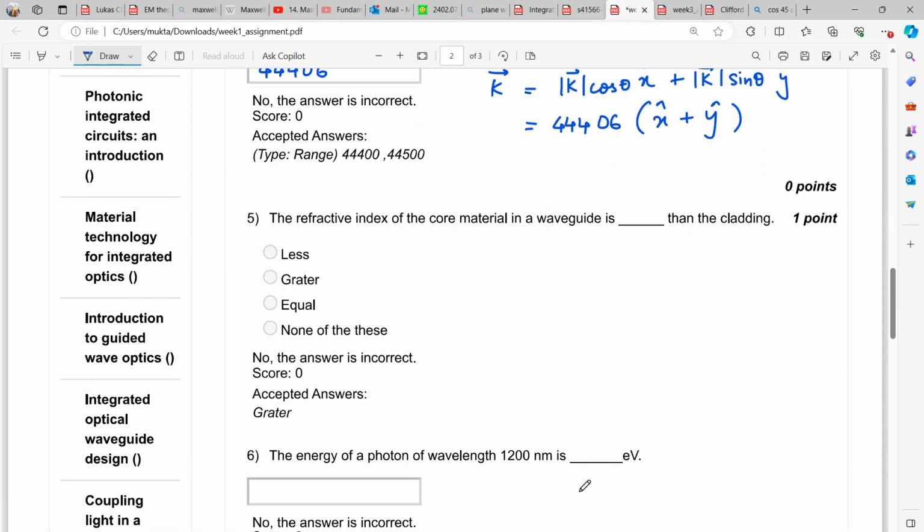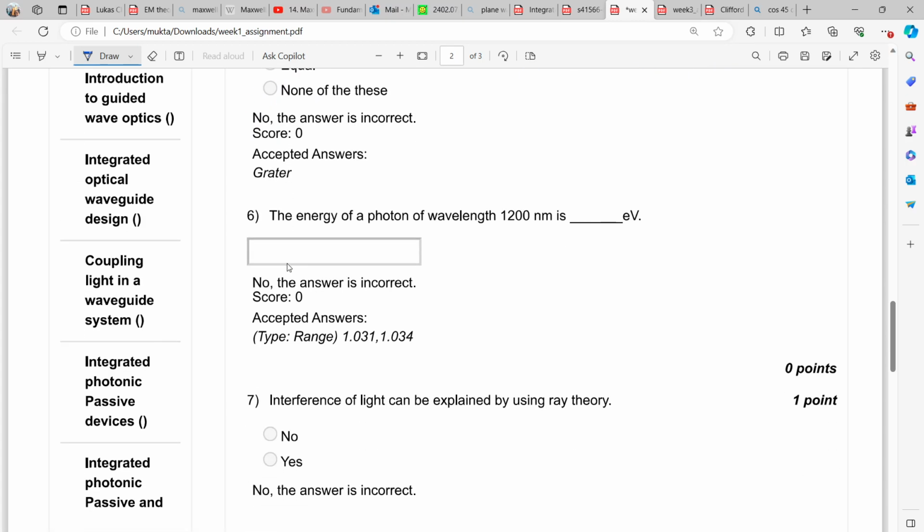The refractive index of the core material in a waveguide is greater than the cladding. The energy of a photon of wavelength 1200 nanometers is, okay, so energy we know is h times nu, right? Or we can write it as hc by lambda.